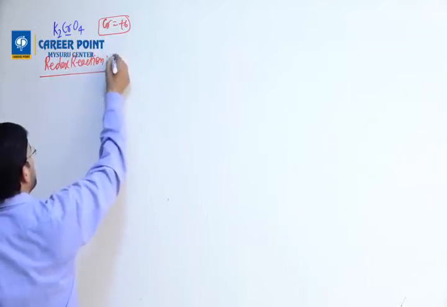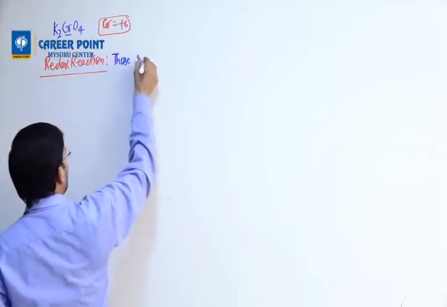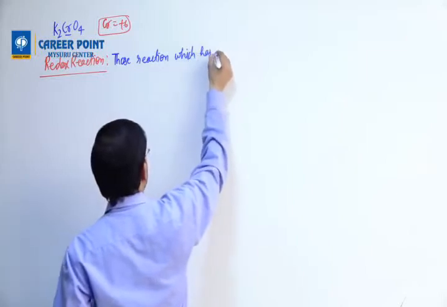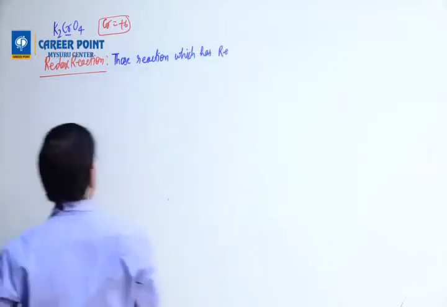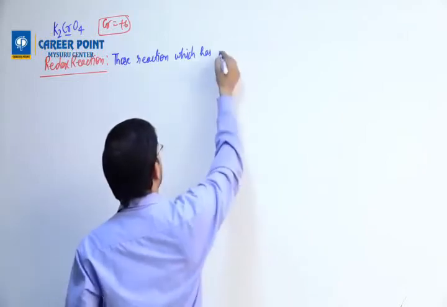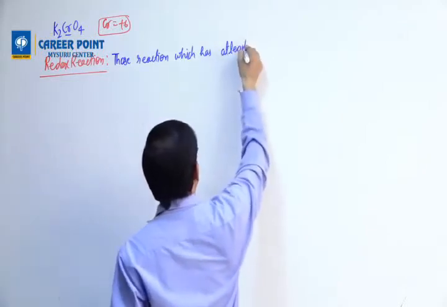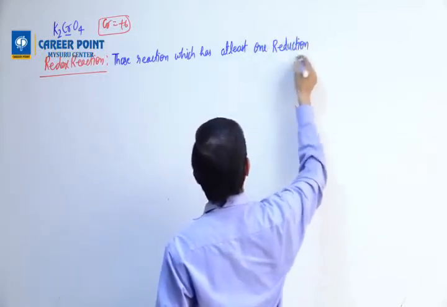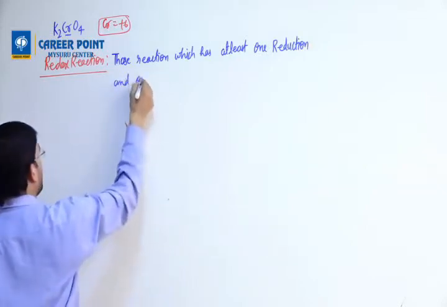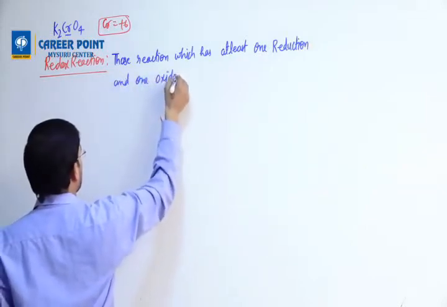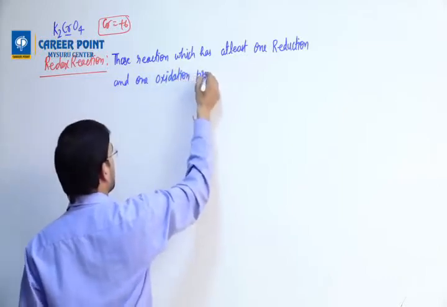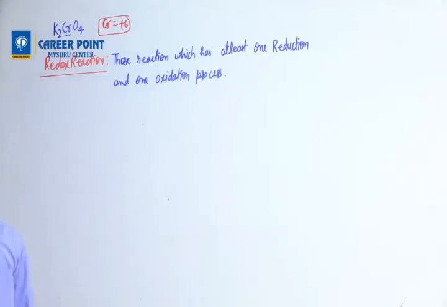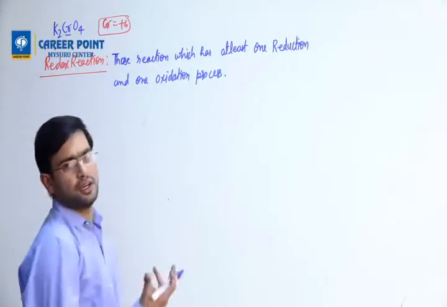Now what is the definition? Those reactions which have at least one reduction and one oxidation process are known as redox reactions.